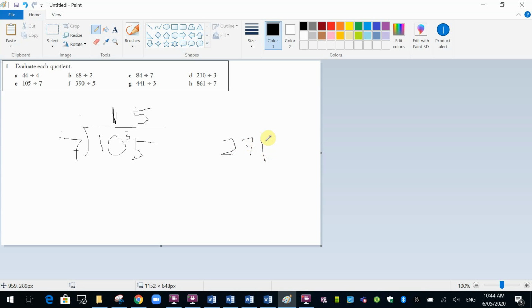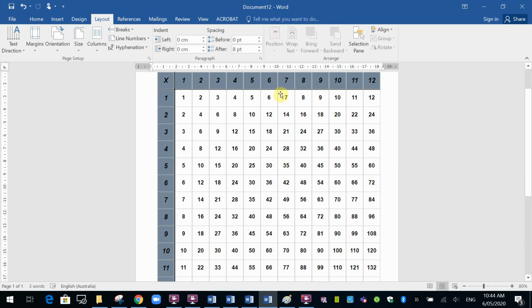2,712 divided by 6. Excuse the roughness of the writing, I can't help it, sorry. So 6 into 2, that's too small, so that doesn't go. So we use the first two numbers then, 27 divided by 6. 6 times table this time because we're dividing by 6. Where's 27?